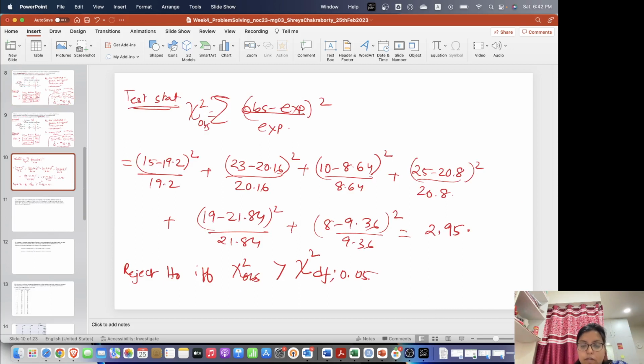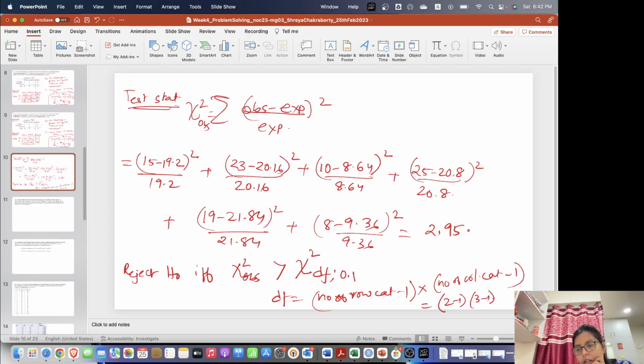So this one will be 0.1, where df is the number of row categories minus 1 into number of column categories minus 1. So here we have 2 minus 1 into 3 minus 1, that is 2. So we have to find out chi-square 2, 0.1.